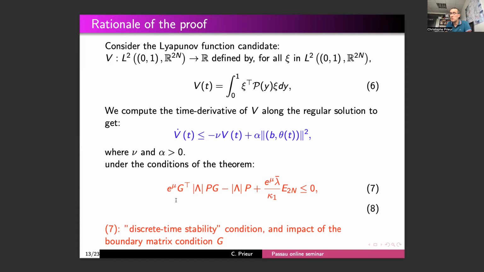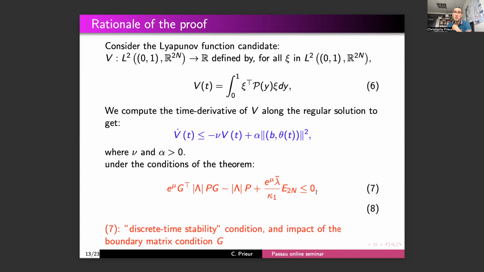Since we are all experts in control, it is quite natural to see that this is a discrete time Lyapunov stability condition, because there is a G transpose times G. This condition is just what you would get if there were no dynamics inside of the domain, just transport. You would have a discrete time condition for the stability, which is given by that.